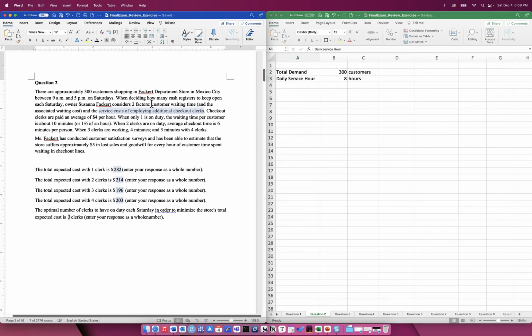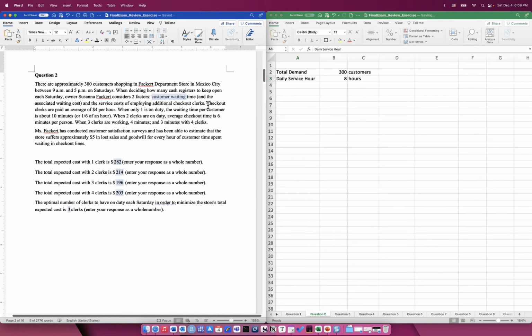And customer waiting time will be measured in the form of a penalty, because the longer you make customers wait, the more you lose in several things, your good reputation, and sometimes people will leave because they don't want to wait long. So one is the cost of maintaining the waiting line. The other is the cost from a long waiting line, which is a penalty, sort of.